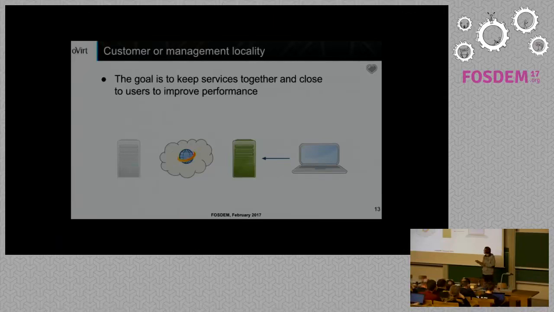So in this case, I have a service with a client, and it's connecting to the closest server there is. You also have some kind of slow network, the internet, one data center in Europe, one in the US. But currently the user is using the closest data center. The latency is better, performance is better.